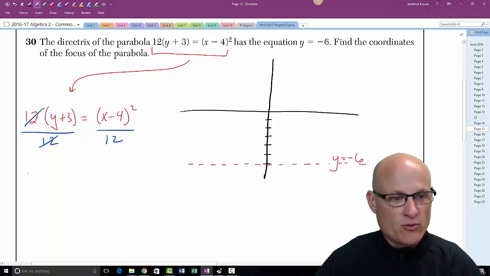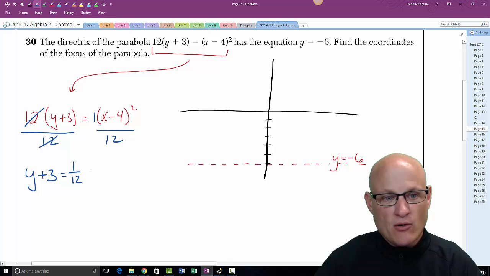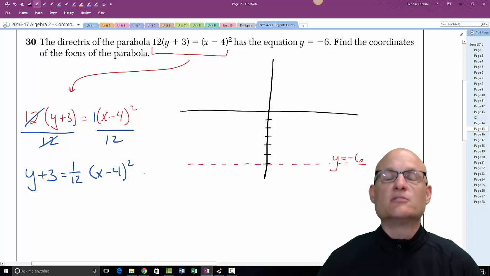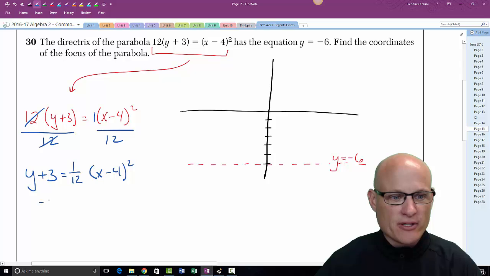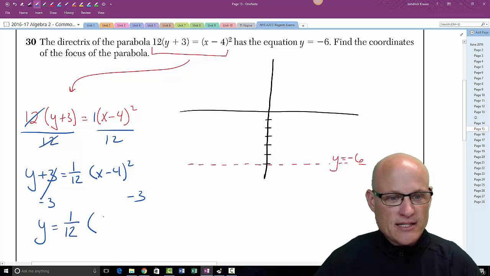You want to rewrite this as y plus 3 equals, remember there's a 1 here, 1/12 times x minus 4 squared. Now you're all going, oh, that's ew. That's not so bad. Now we're going to subtract 3. So I get y equals 1/12 times x minus 4 squared minus 3.